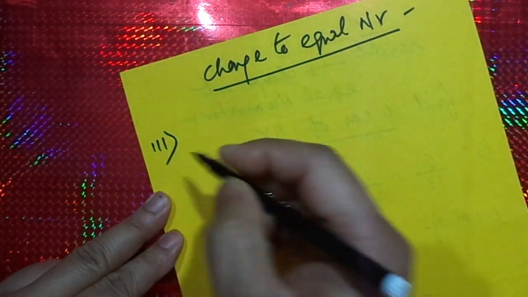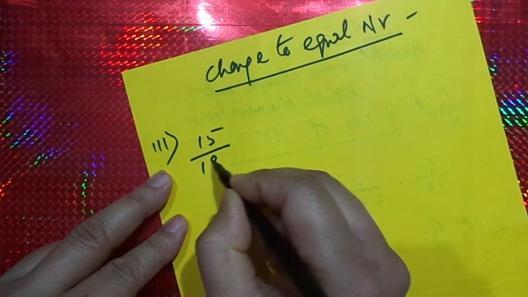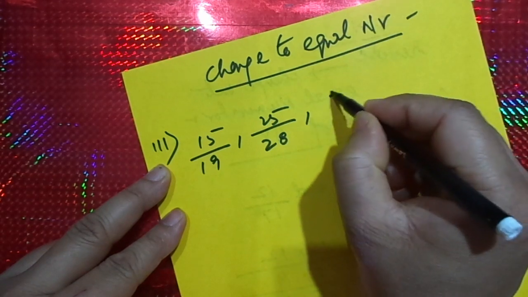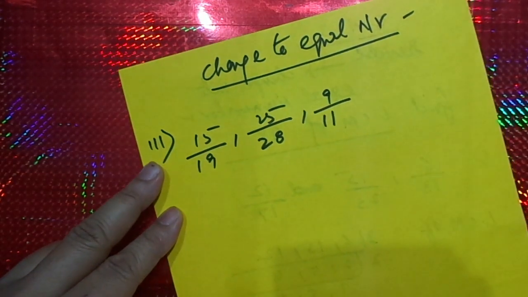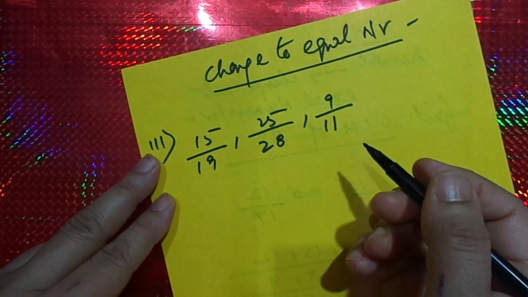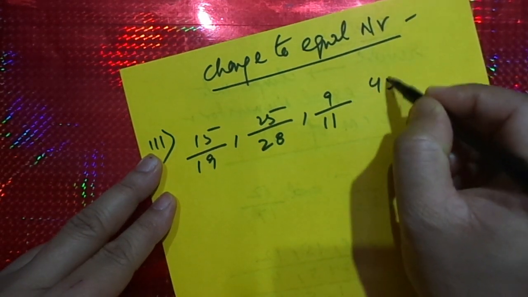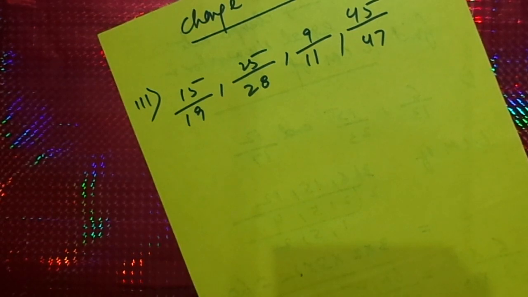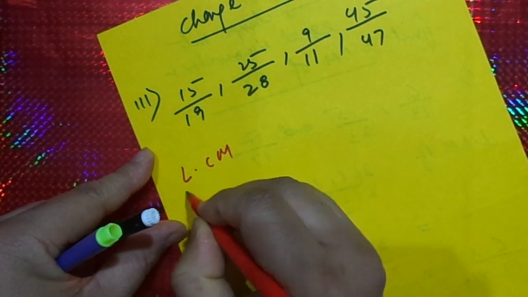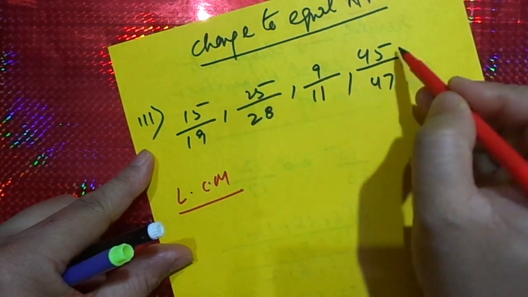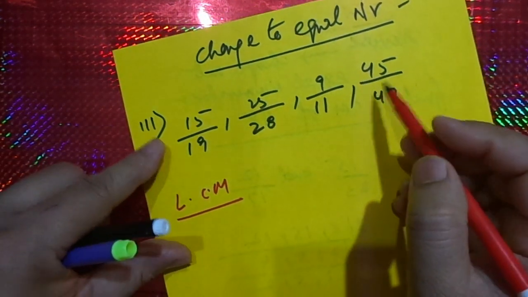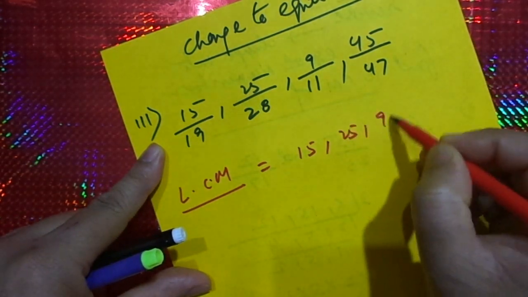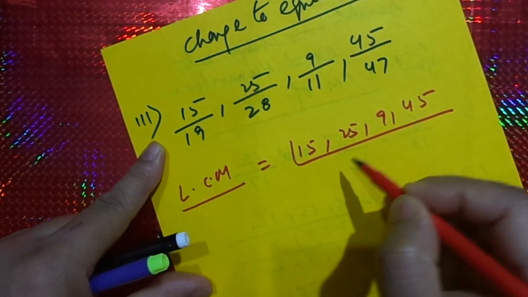In number 3 we have 15 by 19, 25 by 28, 9 by 11 and 45 by 47. Do the same thing as I said. Find out the LCM. LCM of what? LCM of the numerators, because we are here to make the numerators equal, isn't it? 15, 25, 9, 45, and what do I find?